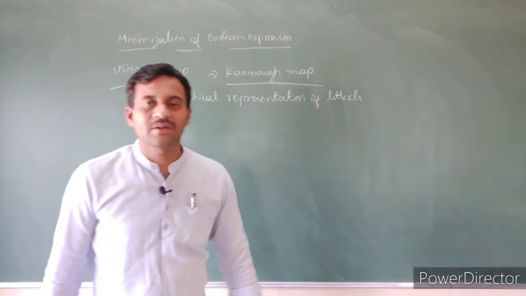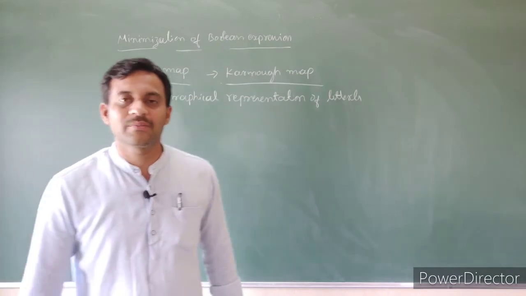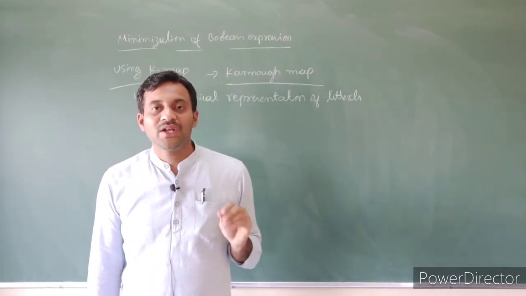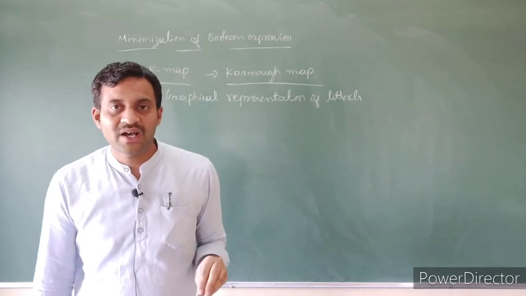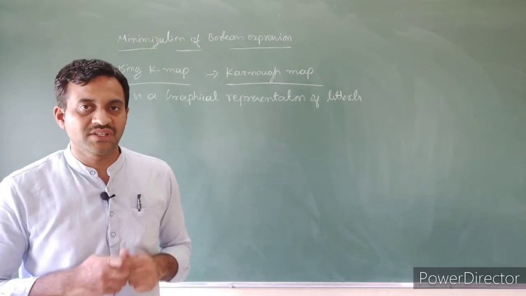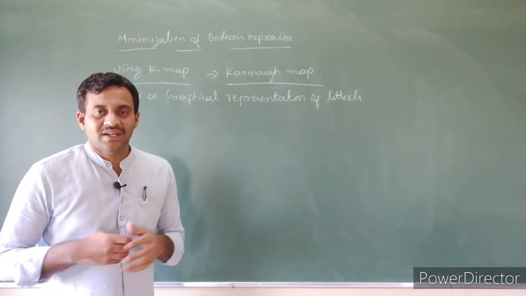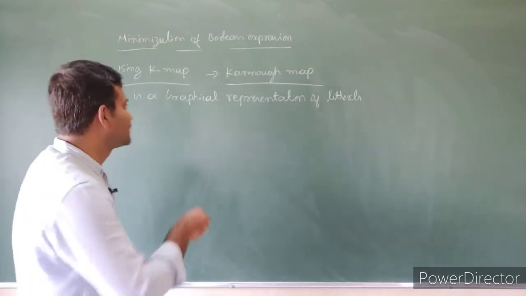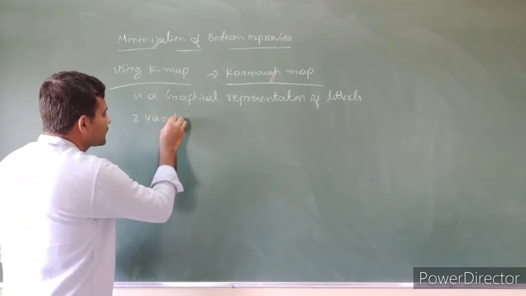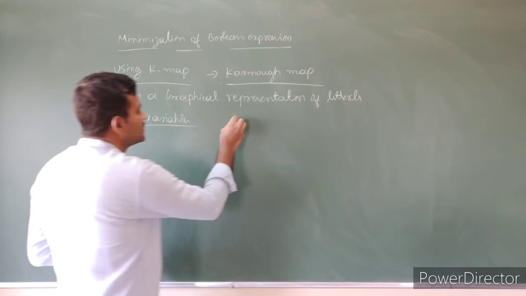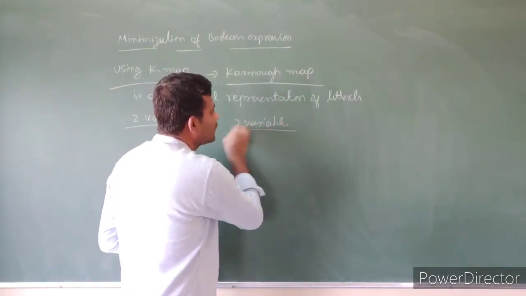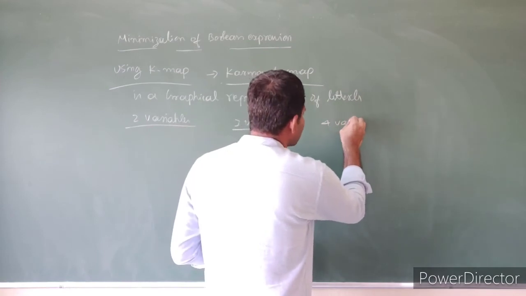It is a graphical representation of the Boolean expression, and a simple way to simplify the Boolean expression. In this second year syllabus, we have to discuss two variable simplification, three variables and four variables simplifications.